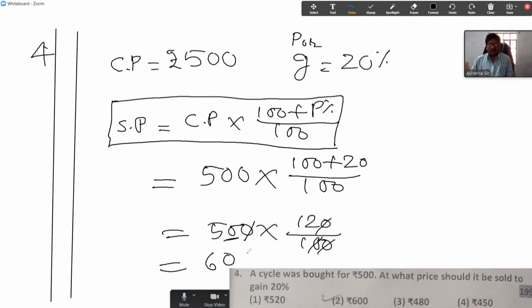So 600 rupees is selling price. 600. So option 2.